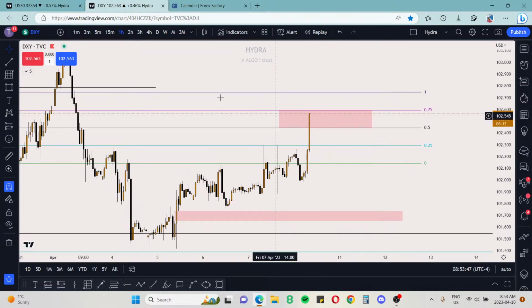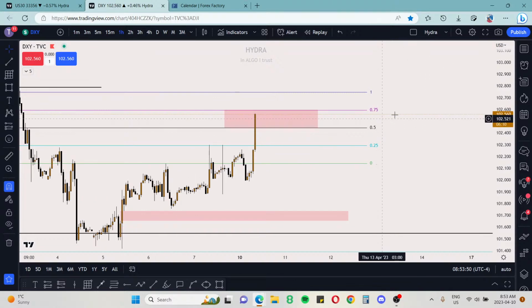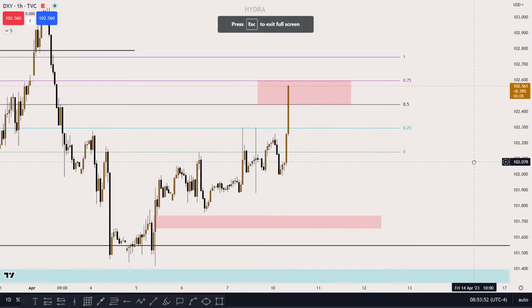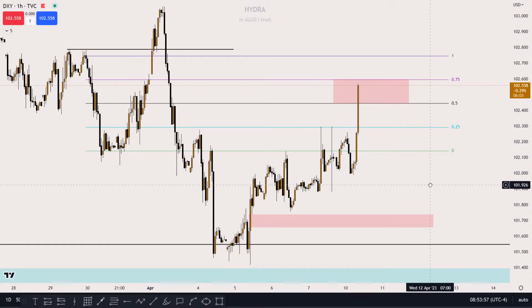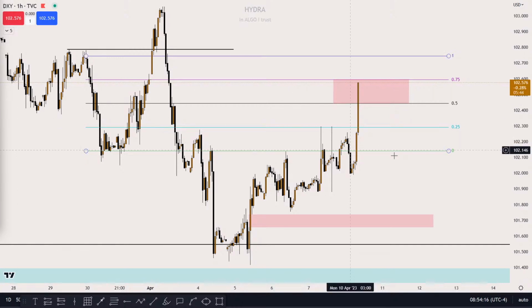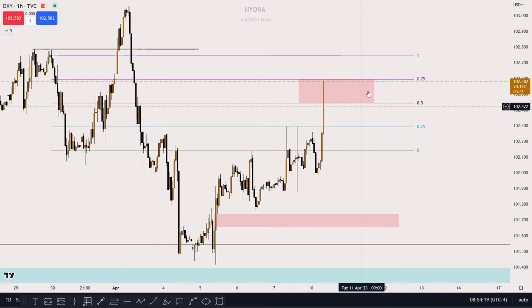So on dollar, are we seeing price rejecting off from this zone from 0.5 and 0.75? No. Price is very aggressive and price is not rejecting.